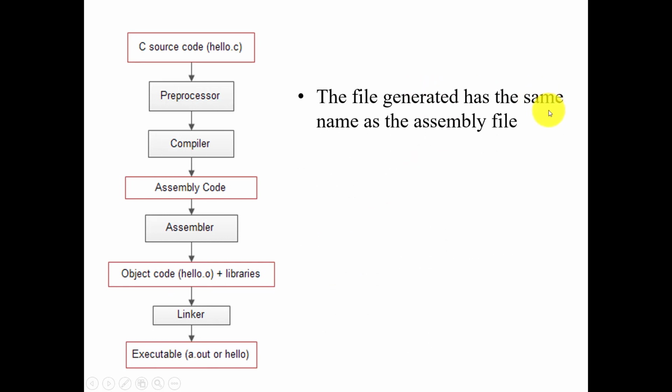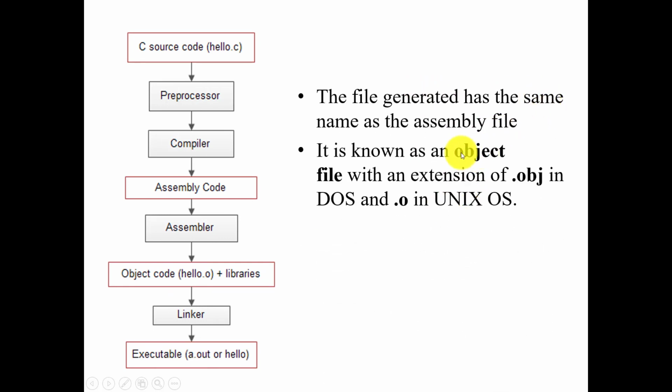After the assembler, it is converted to object code with the extension .obj in DOS and .o in Unix or Linux.